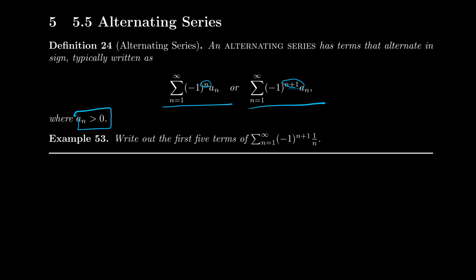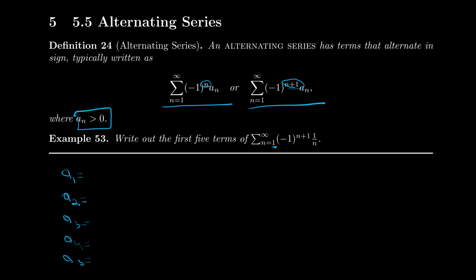So first off, let's just make sure that we understand how to write this out. The first 5 terms of this are going to be your a sub. Remember, we start with a sub 1. A sub 1, a sub 2, a sub 3, a sub 4, and a sub 5. Equals, equals, equals, equals, equals. Okay, cool.